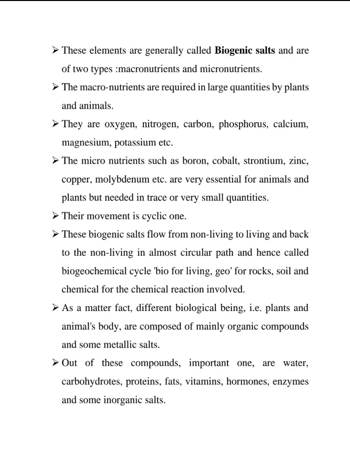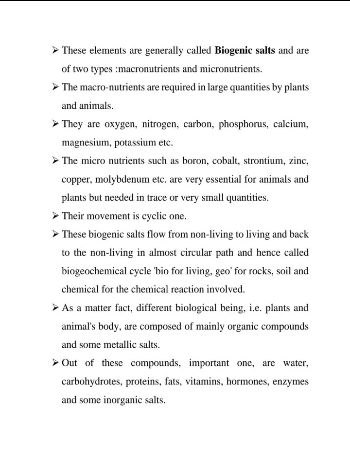They are oxygen, nitrogen, carbon, phosphorus, calcium, magnesium, potassium. The micronutrients such as boron, cobalt, strontium, zinc, copper, molybdenum are very essential for animals and plants but needed in trace or very small quantities.